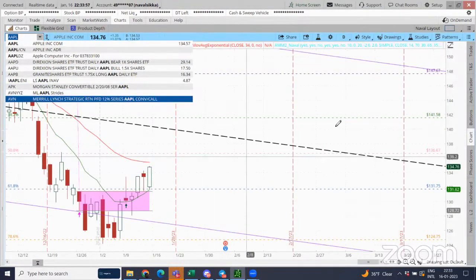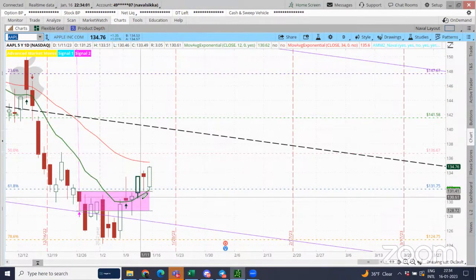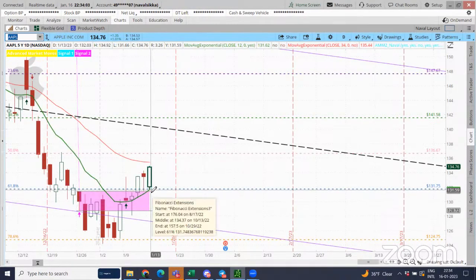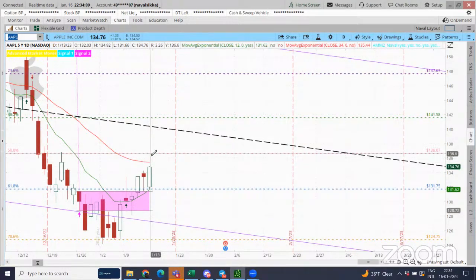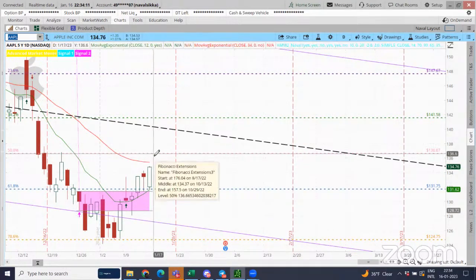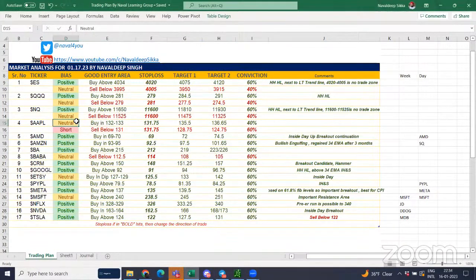Apple. So Apple had a bullish engulfing day. Apple took the support of the 61 Fibonacci plus 12 EMA, and it's coming towards some resistance, which is the 34 EMA and the Fibonacci level. The Fibonacci level is not a significant resistance, but if the market has to go higher, Apple should break out from here. So Apple from neutral, I'm moving towards positive territory.